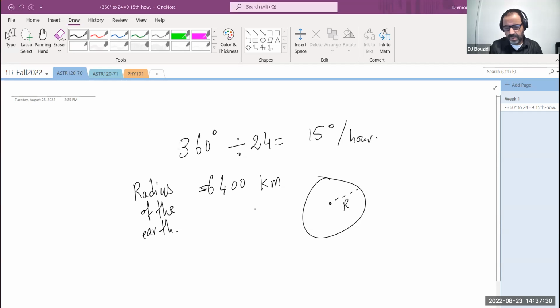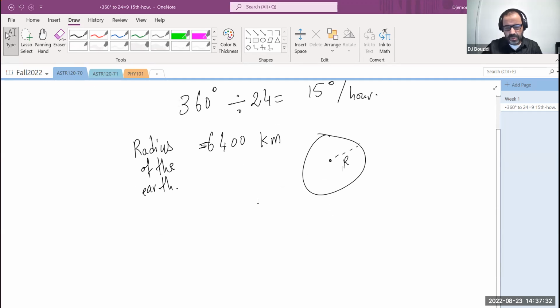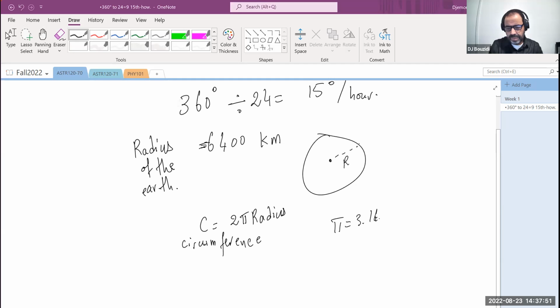There is a formula we will need for the circumference. The circumference is equal to 2 pi times the radius. 2 pi is just a number, okay? Pi is 3.14, and 2 pi is 6.28.